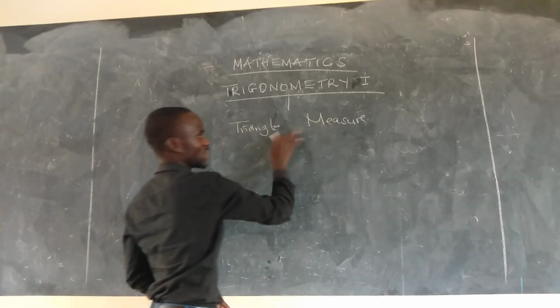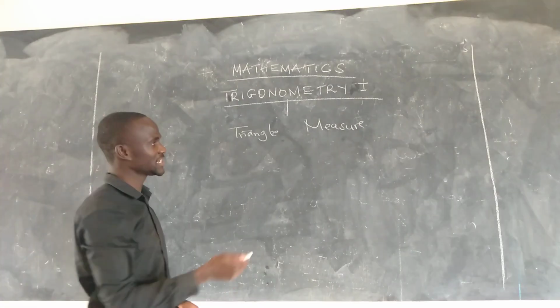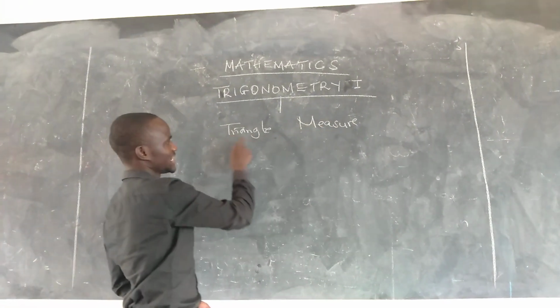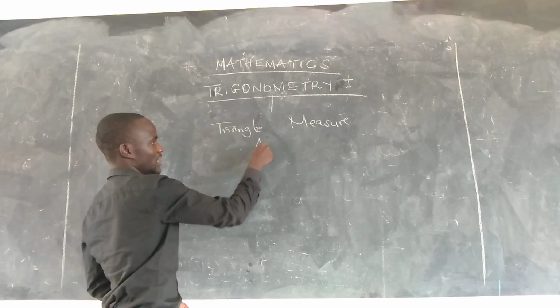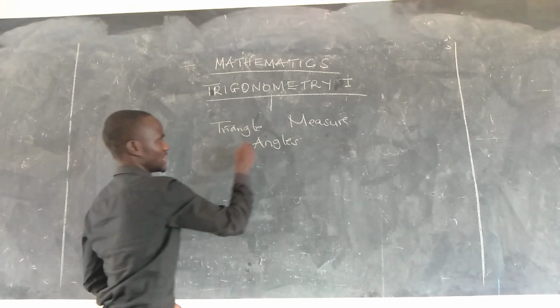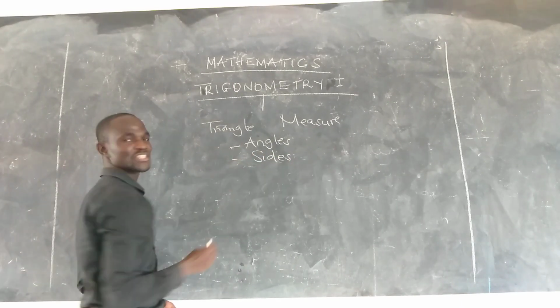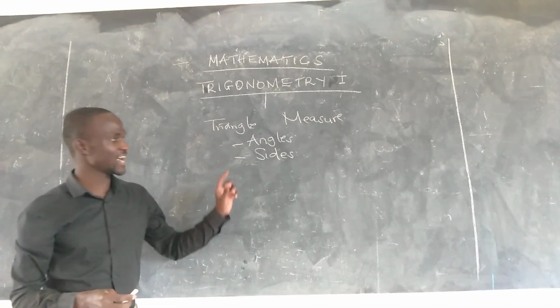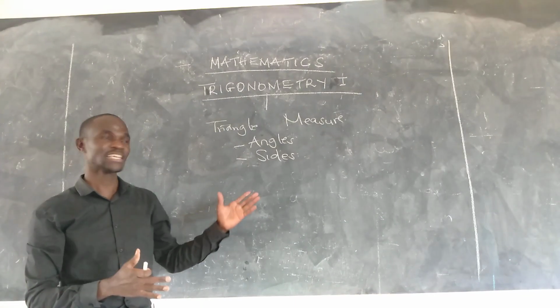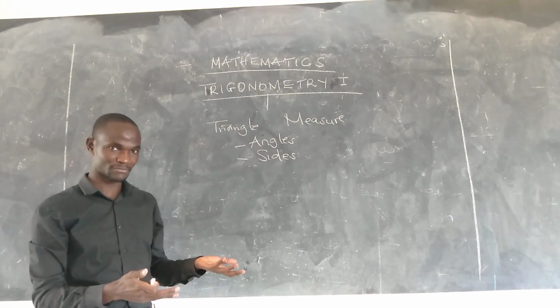When we are talking of a triangle and the measure, what we are interested in is actually the measure in a triangle, which will involve angles and then the sides. So basically in this topic, we want to see how are the angles and the sides in a triangle related.